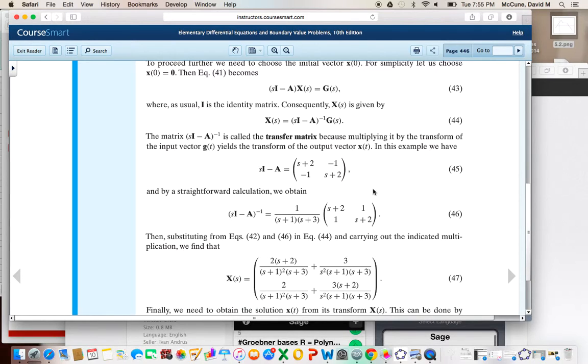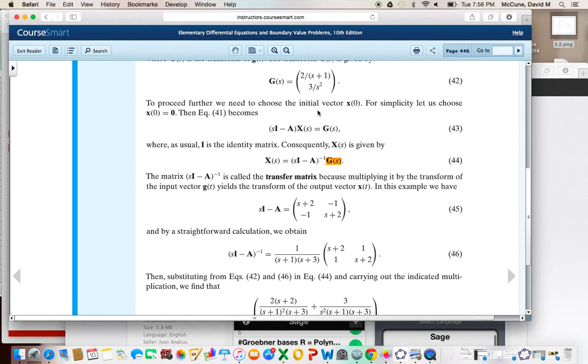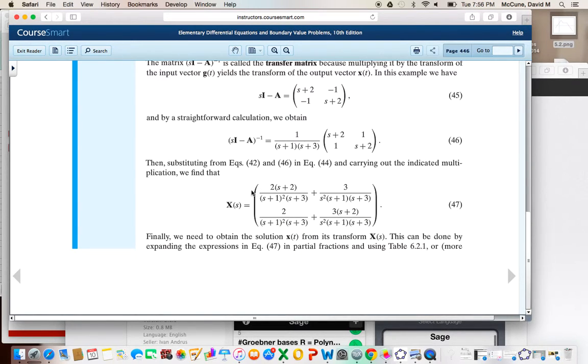So there's the inverse matrix. So you have the inverse matrix times G(s), where again, G(s) is, where is it? Right here. So you take this inverse stuff and multiply by this, and this sort of gross thing is what you get.